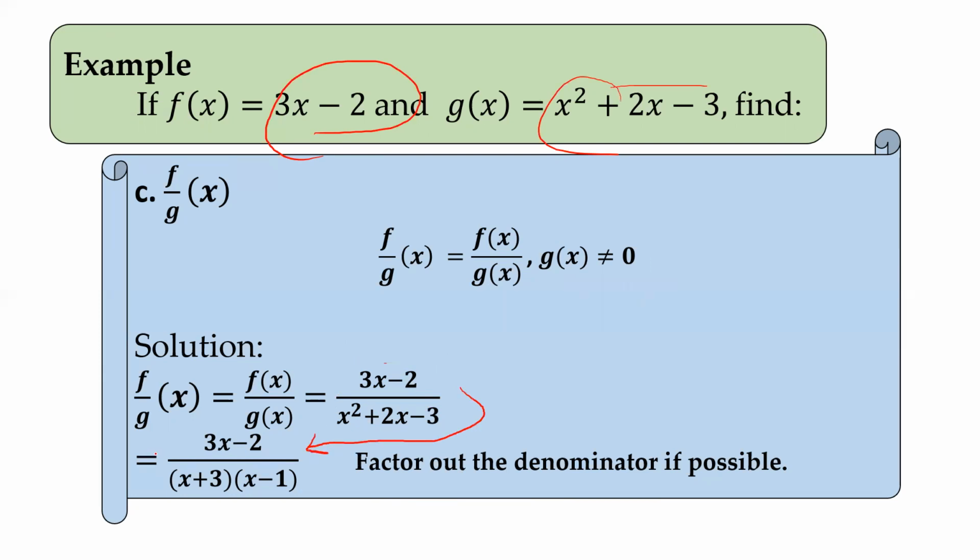You do not forget to indicate equal sign so that you will be able to know the next step. All right, so 3x minus 2. Then, yung x squared sa baba plus 2x minus 3, anong ginawa natin? Bakit nagiging ganito na siya? We factored it out.